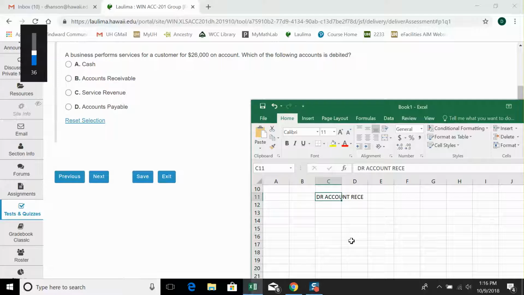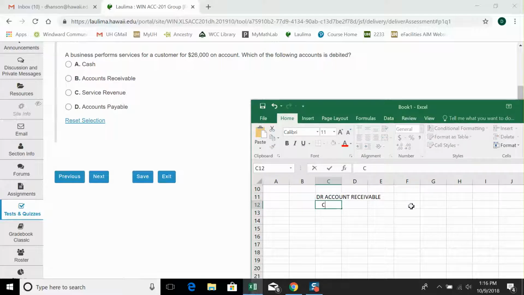Remember, if something is done on account, that means all of a sudden, if we perform services on account, we have what we call an accounts receivable, and that's increasing with a debit, and then you're going to have some sort of revenue. Okay, service revenue, sales revenue. Okay, so it's going to be 26,000 debit to accounts receivable and 26,000 credit to a revenue account.